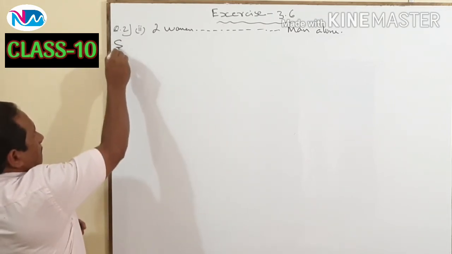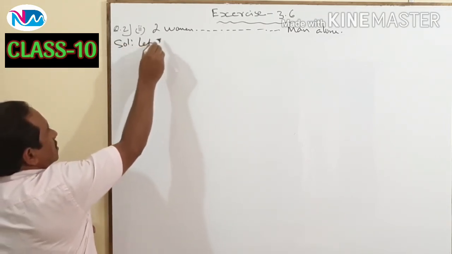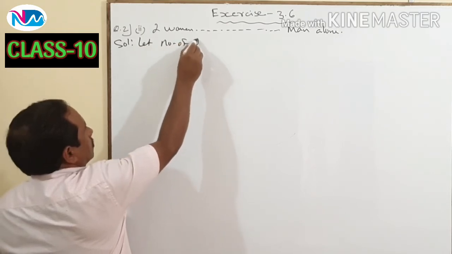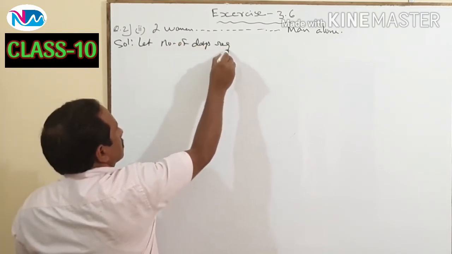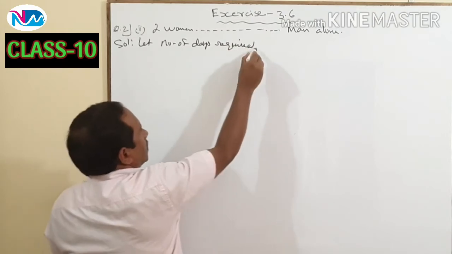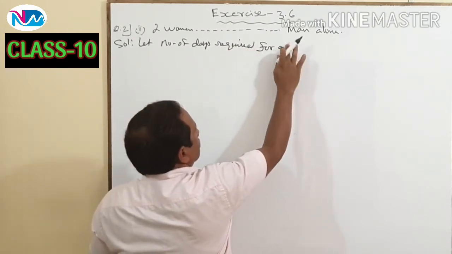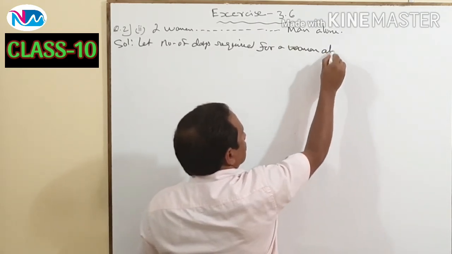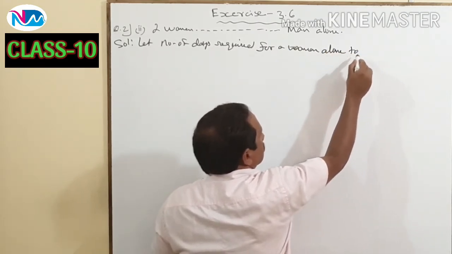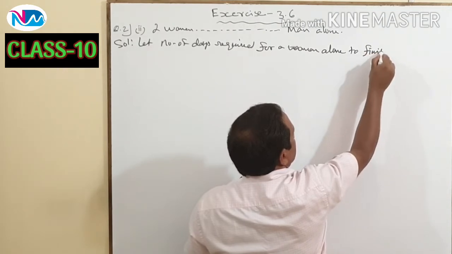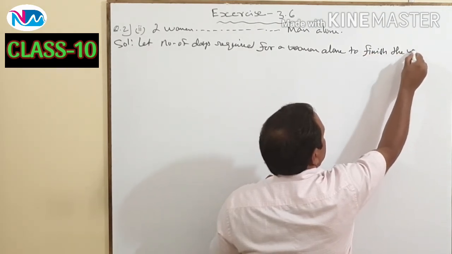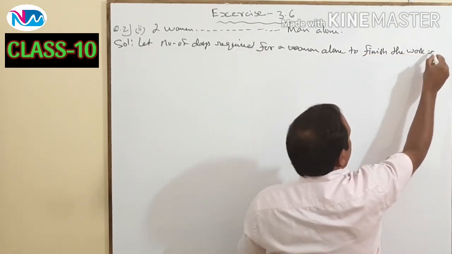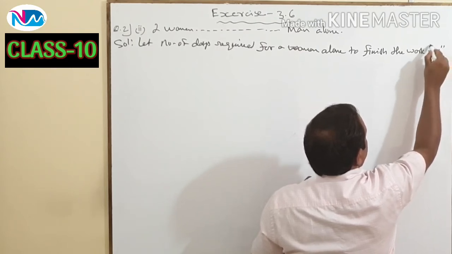That is, let number of days required for a woman alone to finish the work is equal to x.